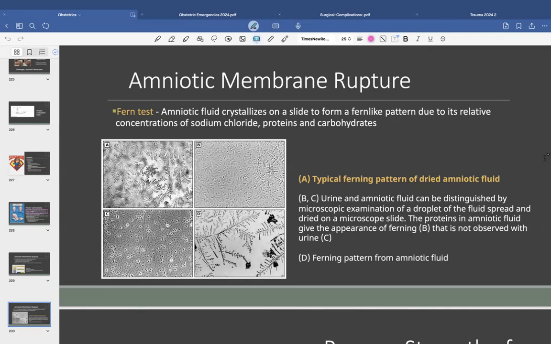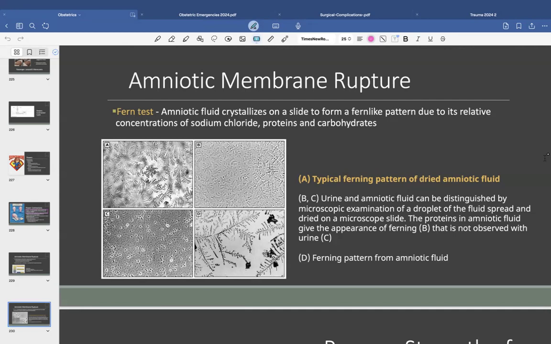Other ways to check the strength of the contractions, we're still in powers, is a dynamometer or TOCO test. Intrauterine pressure catheter and fetal scalp electrode. So for these tests, we're trying to test the strength of the contractions.